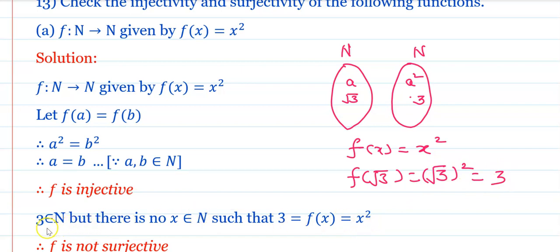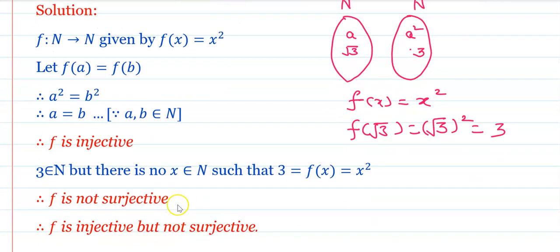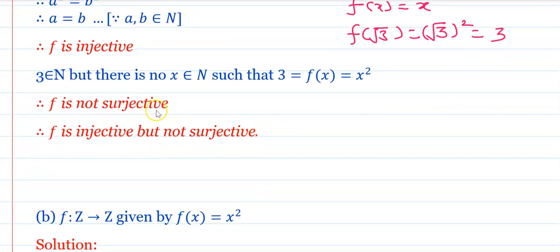And therefore 3 belongs to set of natural numbers, but there is no x belongs to N such that 3 is equals to f of x is equals to x square. म्हणजे यामध्ये कुठला तसा एलिमेंट नाही की ज्याचा स्क्वेअर केल्यानंतर आपल्याला इथे 3 मिळेल. And hence it is not surjective. That is, 3 has no pre-image. Therefore f is not surjective.